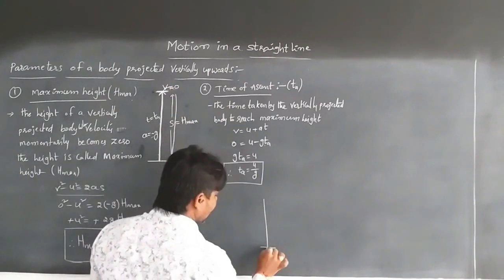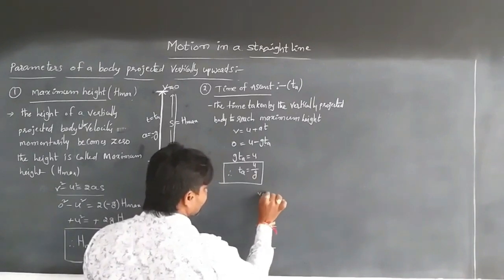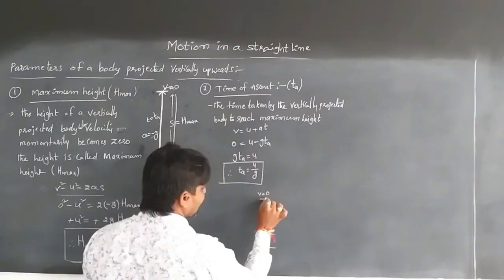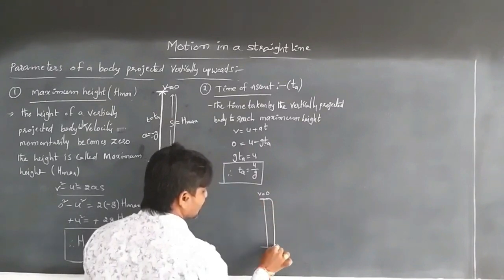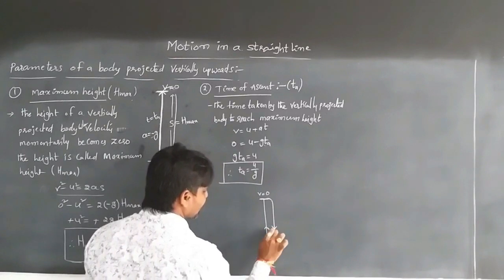When the body is projected vertically upwards and its velocity becomes 0, the body again moves downwards to the ground.